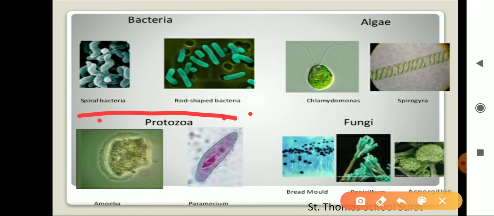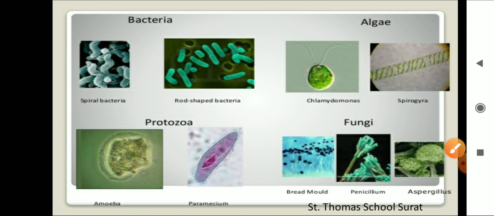These are the examples of bacteria. Then the examples of algae, I told you, Chlamydomonas, then Spirogyra. Then the examples of protozoan, amoeba and paramecium.